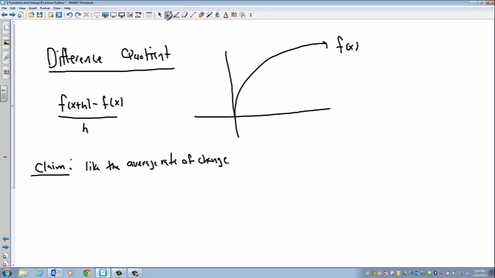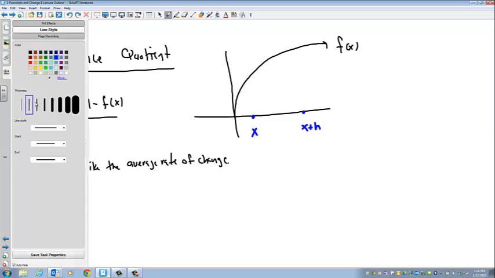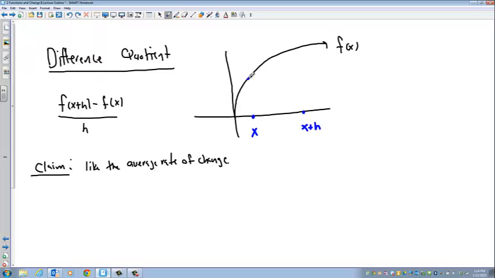To see this, let's take a couple of points. So let's take a point, an input we call x, and over here we'll take an input we call x plus h. Now if you take these two input values and you plug them into this function, you're going to get out a height here. And the height for this function then, if you plug in x, you get out f of x.